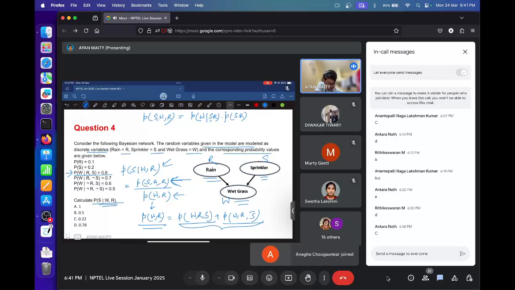And from the Bayesian diagram, we can see that rain and sprinkler, this R and S variable, these two variables are independent of each other because they don't have any connected path between these two.